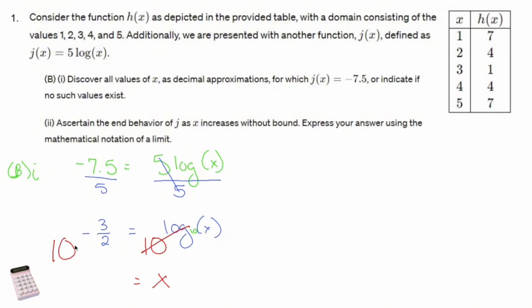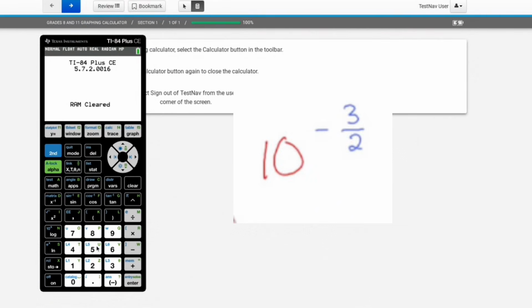So x is going to equal 10 to the negative 3 halves. It's not going to be a pretty number. So let's run to our calculator and find out what 10 to the negative 3 over 2 is. The nice thing about these calculators is it actually gives you 10 to the right with log.